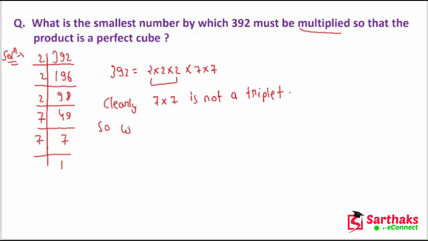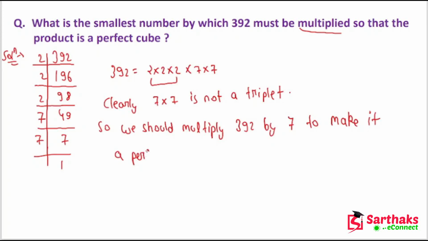So we should multiply 392 by 7 to make it a perfect cube.